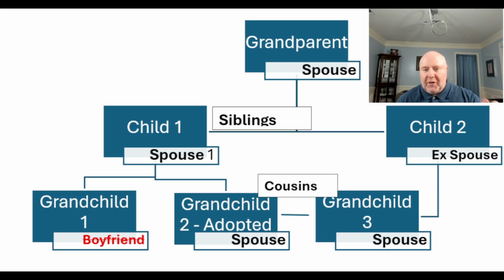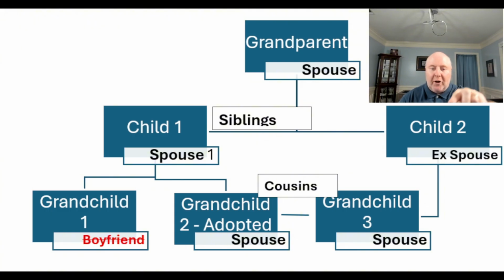So the first thing we see is a grandparent and spouse. Well, we know your grandparent and spouse count as one, right? So even if they're a married couple, even though both of them may own shares, they're one for this rule. Then we say, okay, your grandparents had 2 children, child 1 and child 2.